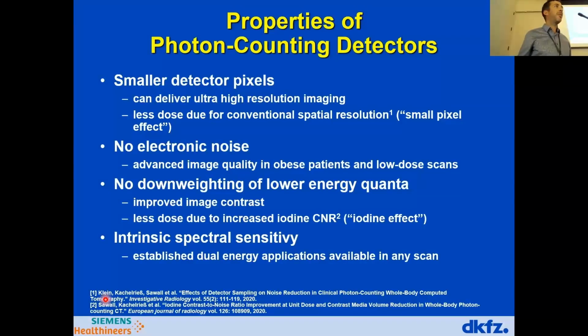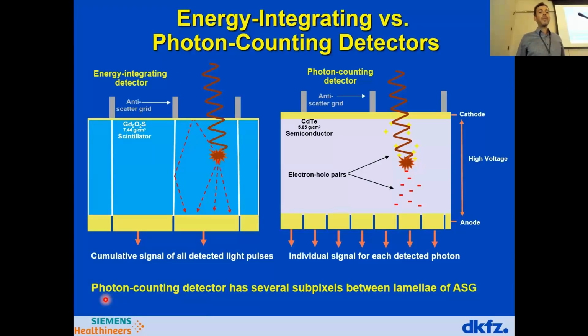But let's have a closer look at the detectors. Here on the left side, we have the energy integrating detector, where the scintillator is used as the indirect X-ray converter. The photon here produces scintillation light, which is proportional to the X-ray energy. The light is collected by photodiodes and then converted into electrical currents.